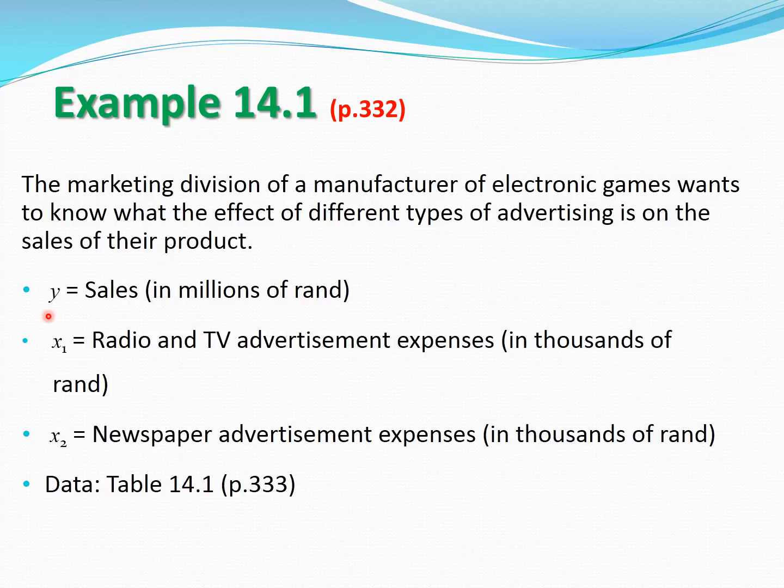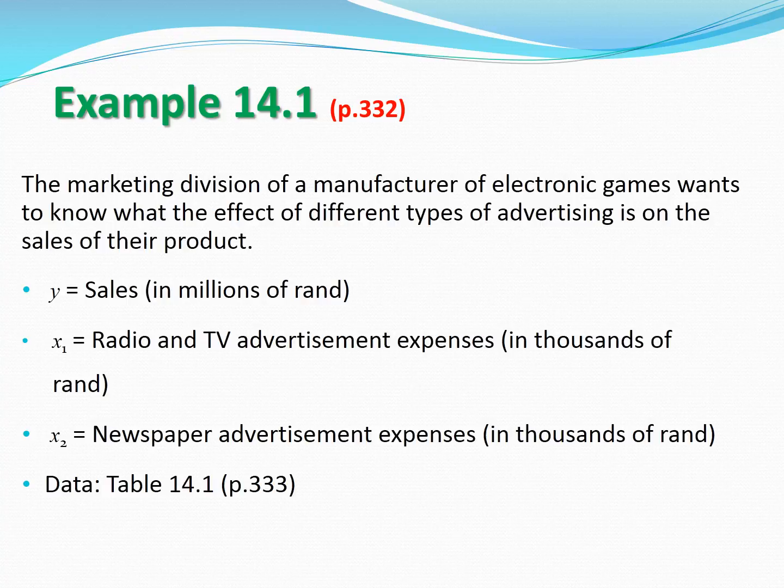So they define the dependent variable y as sales, and the data is in millions of rand, and the two independent variables are as follows. X1 is the radio and TV advertisement expenses, and that's given in thousands of rand, and X2 is the newspaper advertisement expenses, and that's also given in thousands of rand.